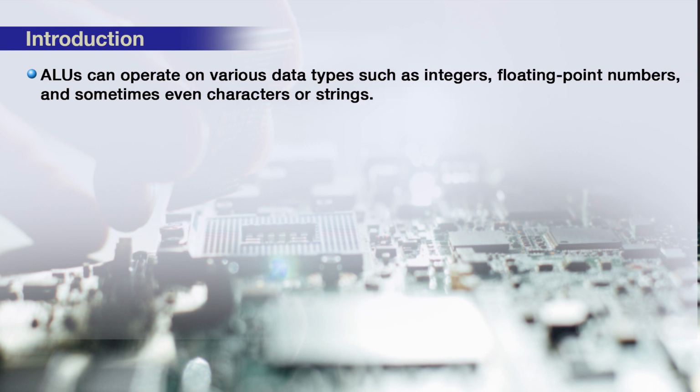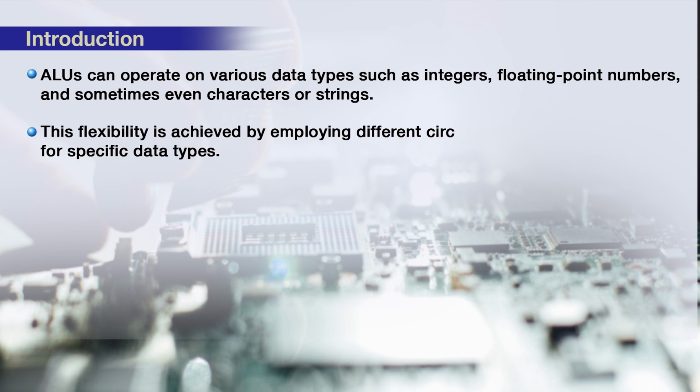ALU can operate on various data types such as integer, floating point numbers and sometimes even characters or strings. This flexibility is achieved by employing different circuitry and algorithms tailored for specific data types.